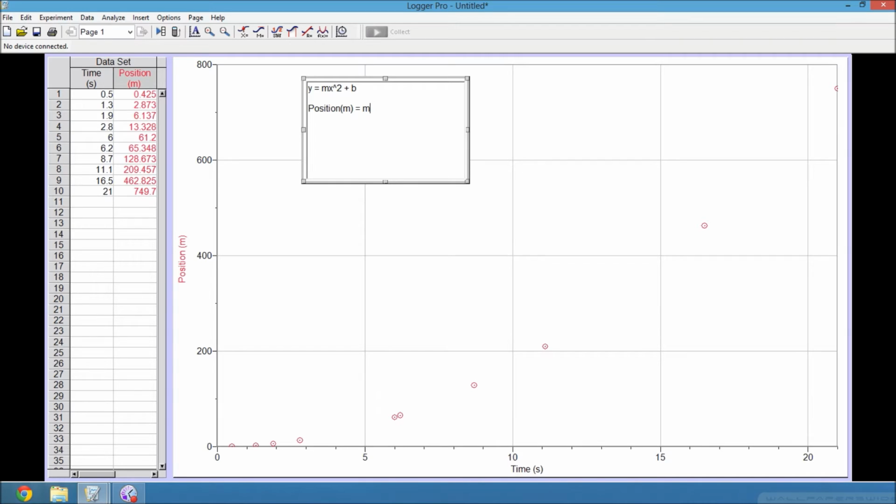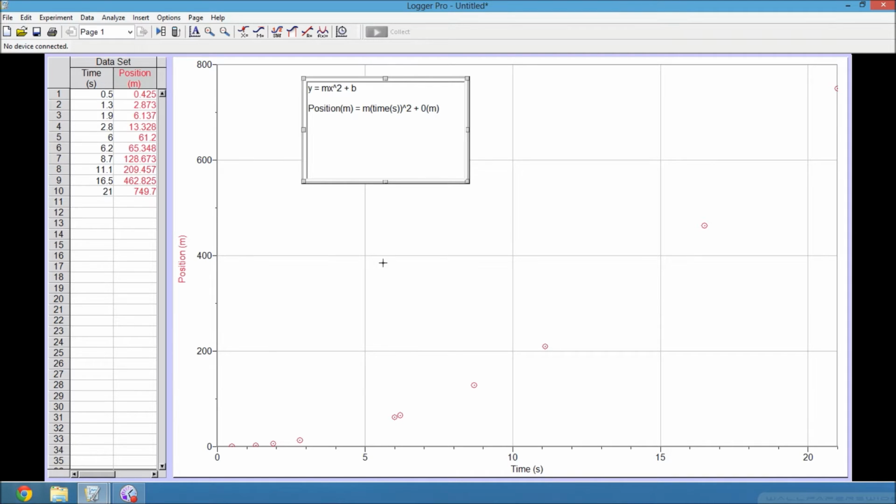We'll get back to that. x squared, x is time, and that's in seconds, and square that, plus b. And it looks like b is going to go down to 0, so it looks like the y-intercept is 0. We'll figure out later what that's going to be.